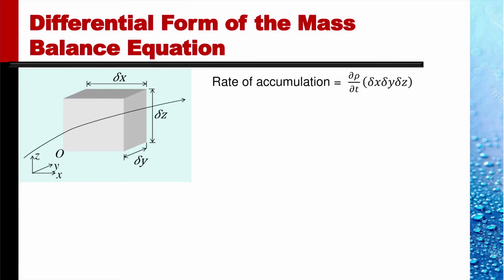The rate of accumulation of mass within this volume would be, the volume is fixed, volume is dx, dy into dz. So, the mass contained within this is rho times dx, dy, dz.